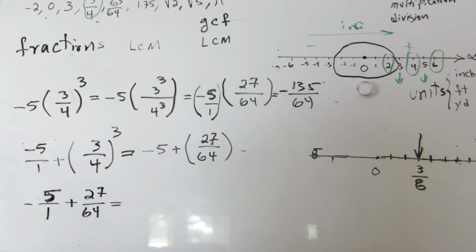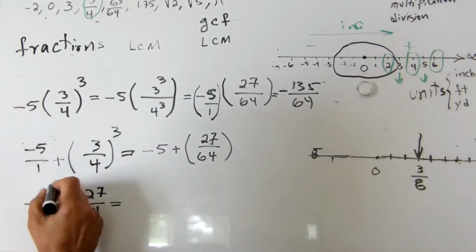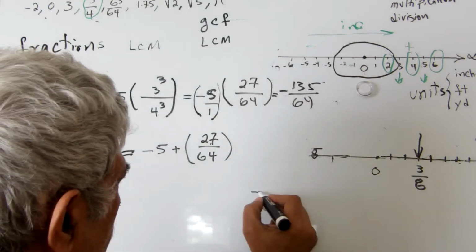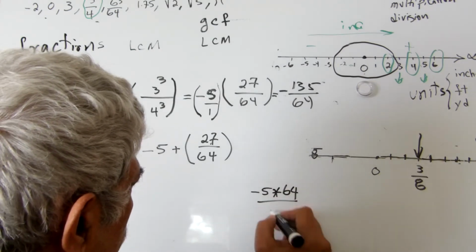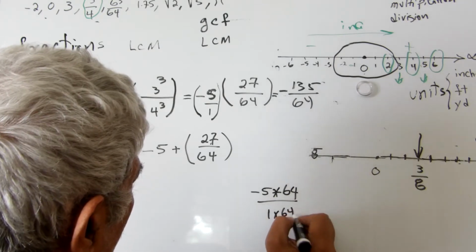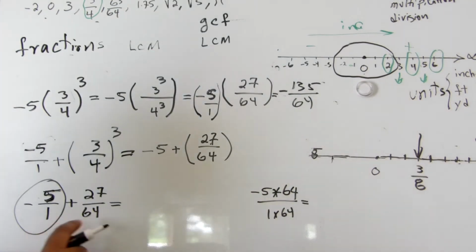Let's find out the result. We multiply the first one, both denominator and numerator, by 64, so we would have exactly the same denominator.